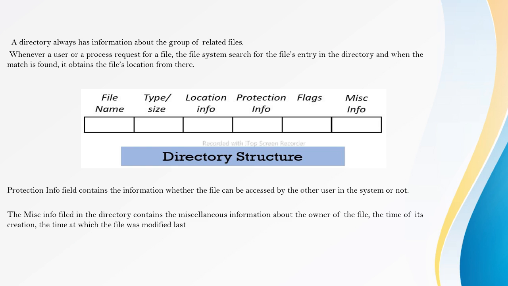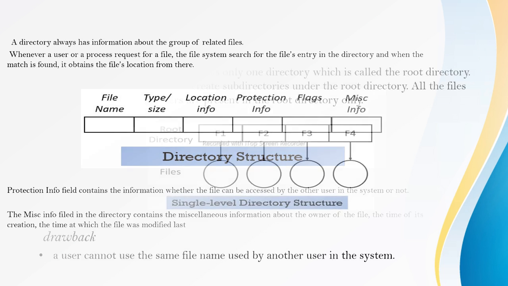The location information indicates the location where the file is stored. The protection information field contains the information whether the file can be accessed by other users in the system or not. The flag field contains the kind of directory entry: the d value indicates that the entry is a file in a directory, the L value indicates the file is a link, and the M value indicates that the file is a mounted file system.